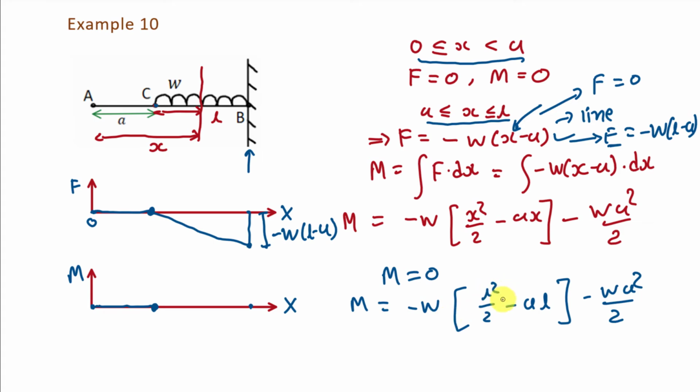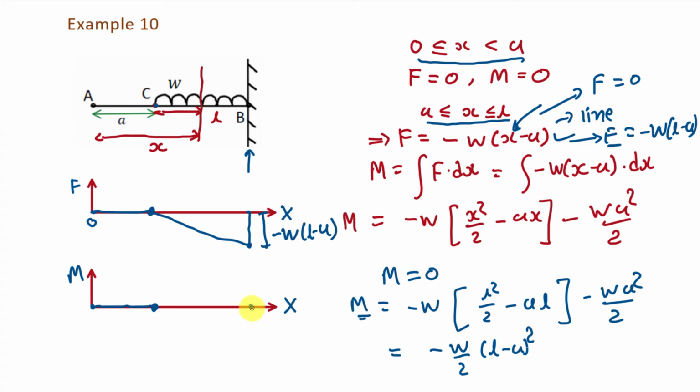In exam, all values will be given to you, so you can directly put values here and find out m. But right now, if you simplify this, then bending moment m will be equal to minus w by 2 into bracket L minus a square. Here value of L is greater than a and there is a square, so this term will be positive, and here there is negative, so finally bending moment will be negative.